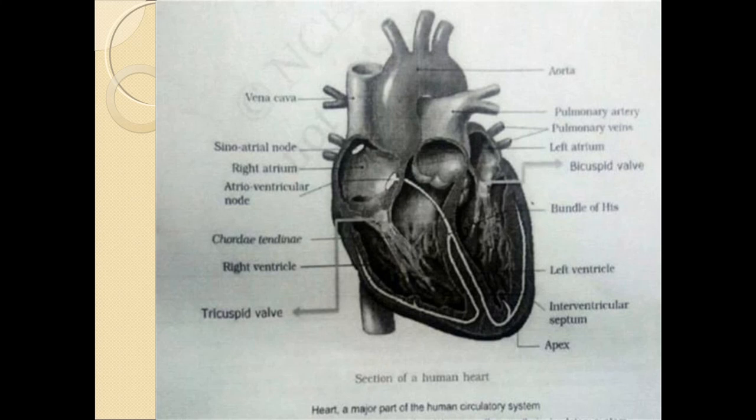The bicuspid valve is also called the mitral valve. One more valve we have here is the tricuspid valve. So two valves, tricuspid valve and bicuspid valve, help in transporting the blood from the atria into the ventricles.